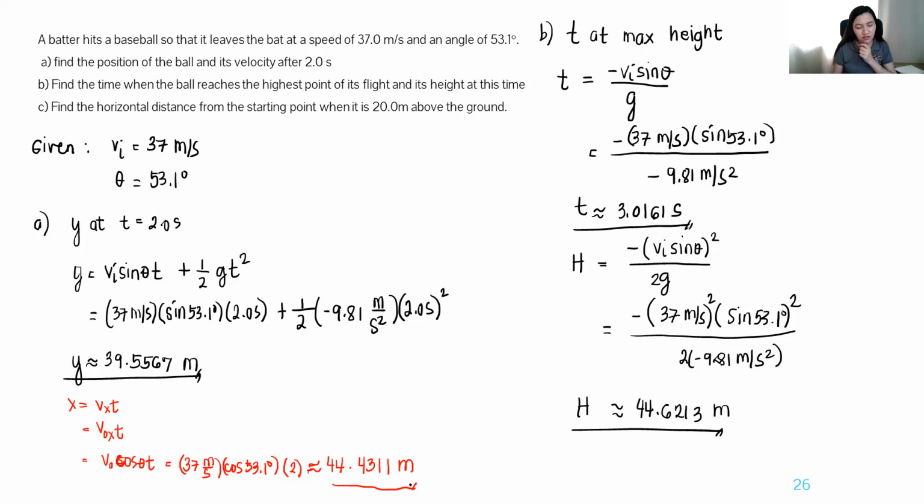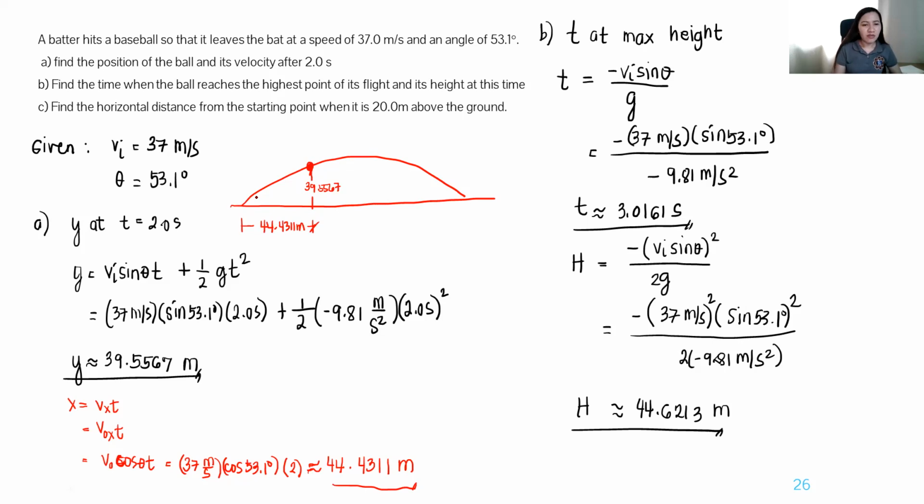That's what it covered. Okay, going back to the projectile, it would now be somewhere here. So it is at 39.5567 meters vertically and 44.4311 meters horizontally. So that is its position.